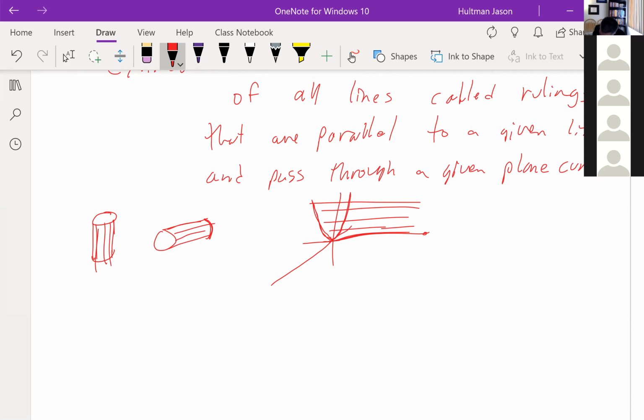These are all the rulings inside, all parallel. A cylinder will go off in infinite direction, but it's all in a line. It's the surface that contains all the lines that go in one direction.